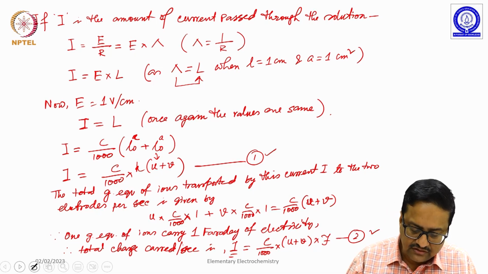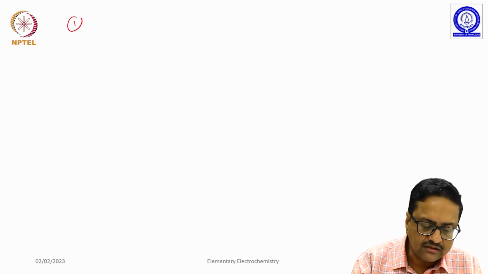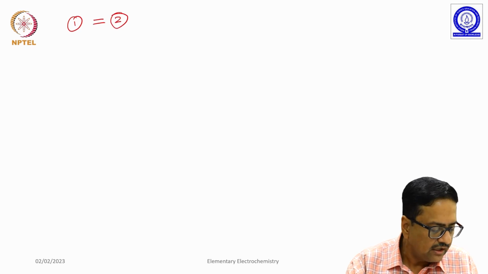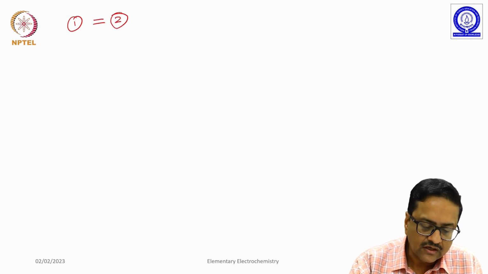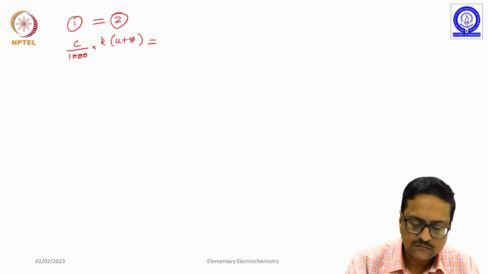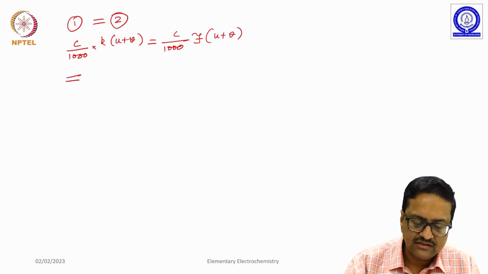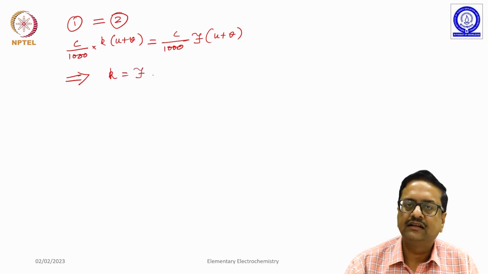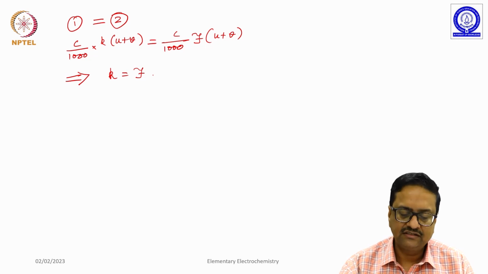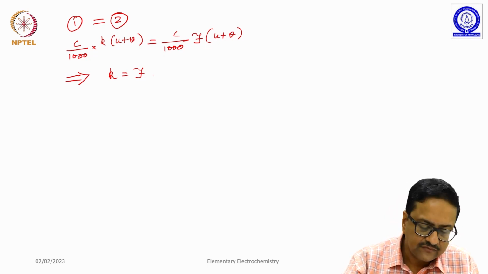So one can equate equations 1 and 2 and write the following: C by 1000 into K (U plus V) is equal to C by 1000 F (U plus V), which essentially means that the value of K is nothing but F, the quantity of electricity passed in coulombs.